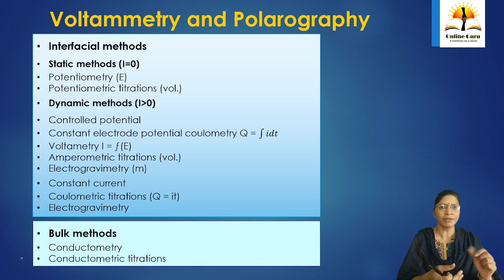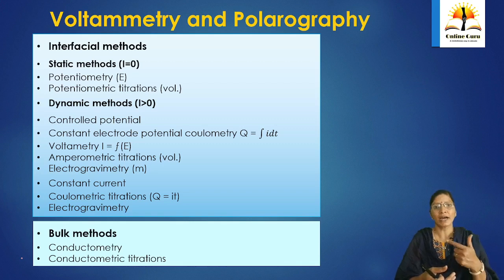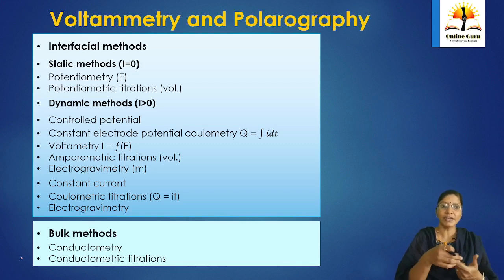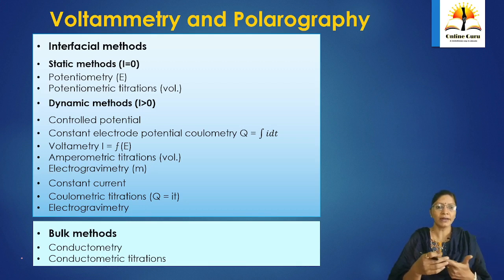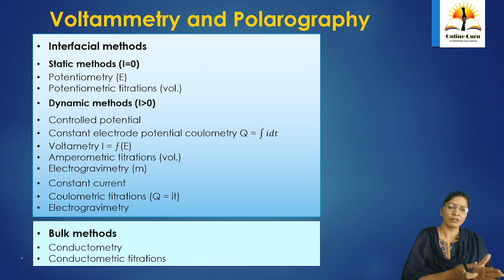What can be varied? We can vary either potential or current, and depending on that, dynamic methods are further classified into controlled potential and controlled current. Under controlled potential, we have polarography and voltammetry.